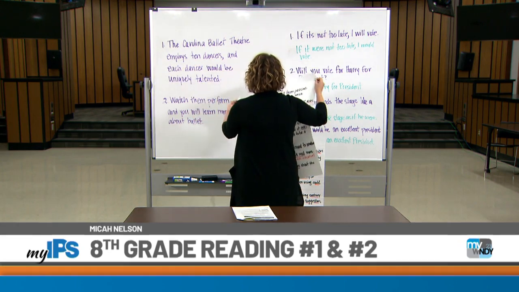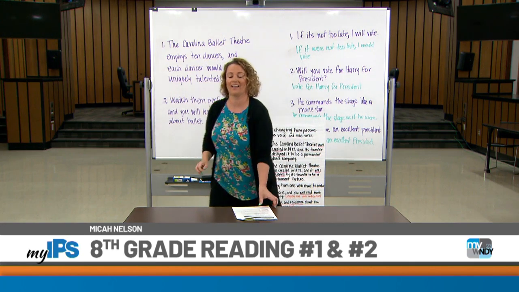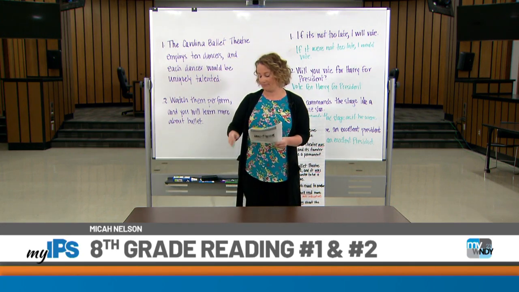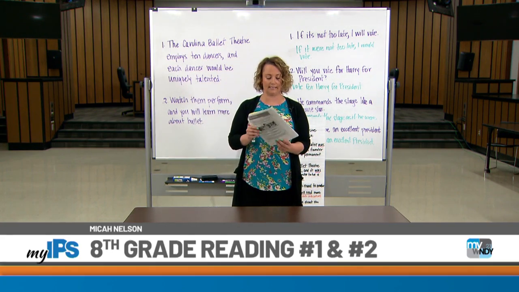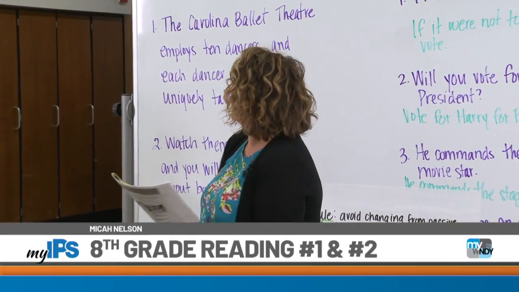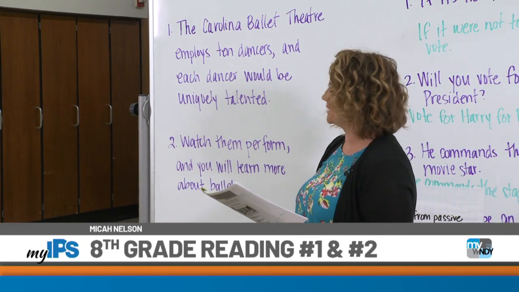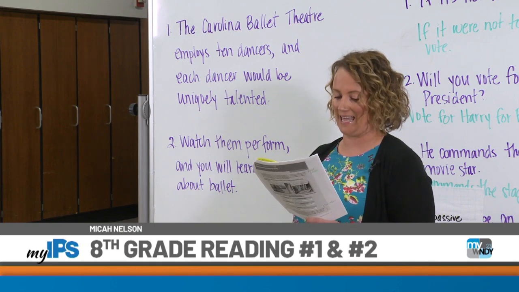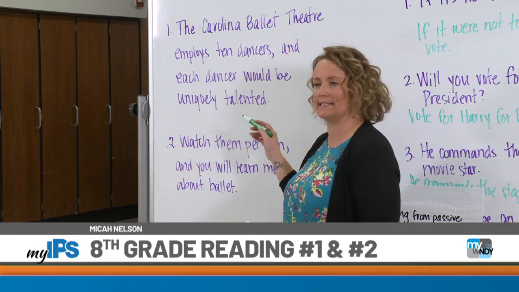We have 2 examples that we're going to look at because we're going to want to think about verb mood and verb voice. These are the 2 guided practice examples on page 13, numbers 1 and 2. The first sentence says the Carolina Ballet Theater employs 10 dancers and each dancer would be uniquely talented. Let's think about what in this sentence doesn't match.